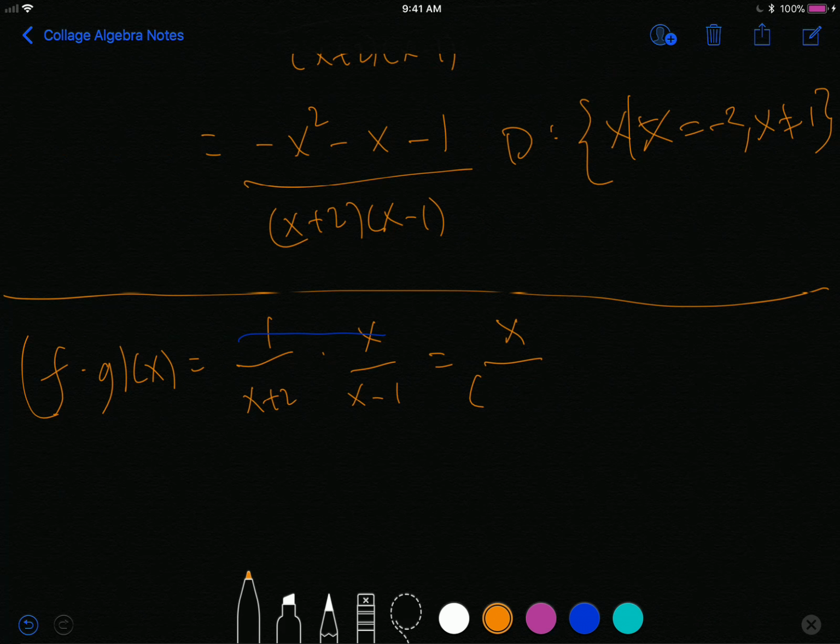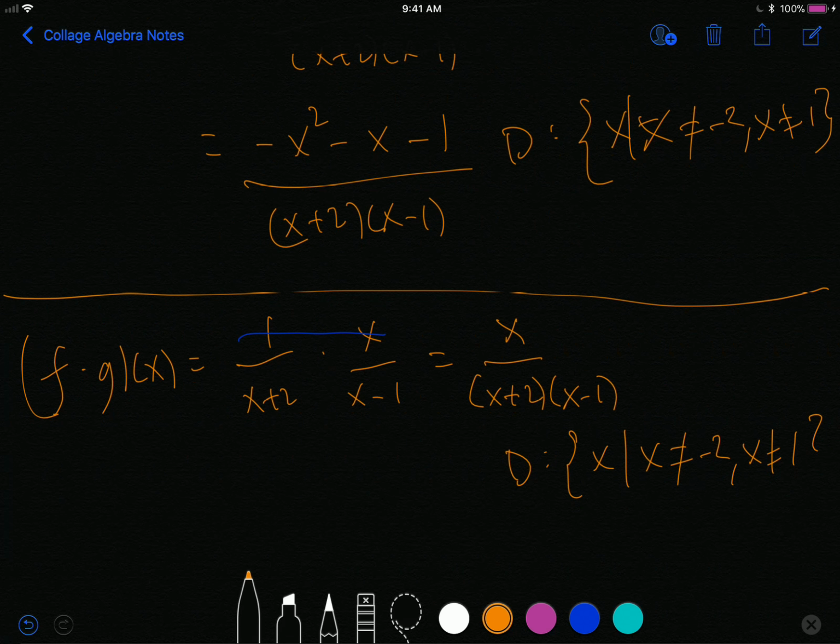And then the denominators, you just don't FOIL them out. You just put them next to each other. And of course, again, I get the same domain: x such that x cannot equal negative 2, x cannot equal 1. Woo! Hard work and sacrifice. That's cool.